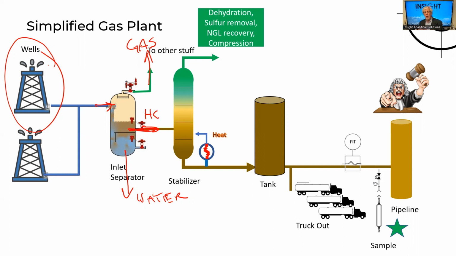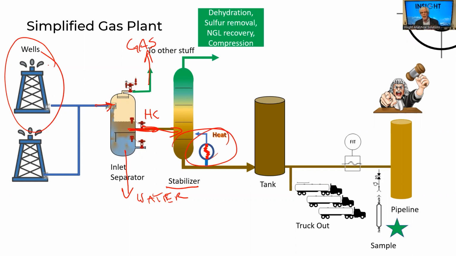The next operating vessel after that is usually what we refer to as a condensate stabilizer. If you're producing light crude oil, like in the US, you'll see the same sort of device, often referred to as a heater treater, but they're doing the same kind of things. It's going to take this liquid that came in and heat it up.